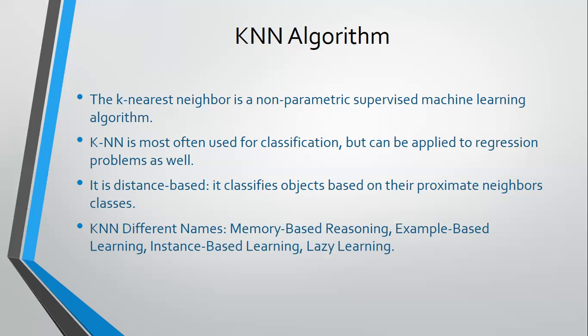Other names we can use to refer to KNN are memory-based reasoning, example-based learning, instance-based learning, and lazy learning. Why do we call it lazy learning? Here it takes more time to train and more time for classification. That is why we call it lazy learning.